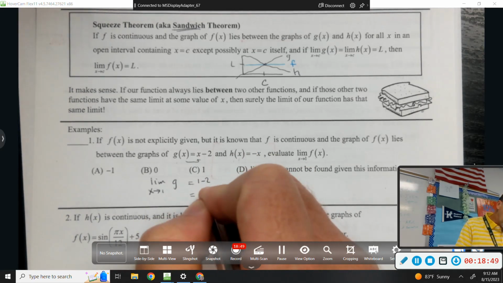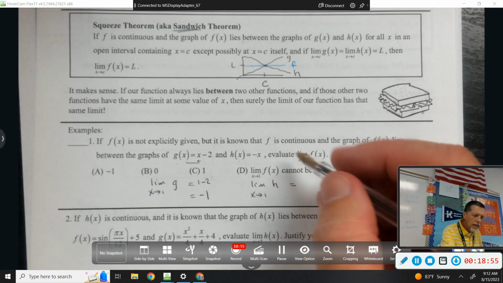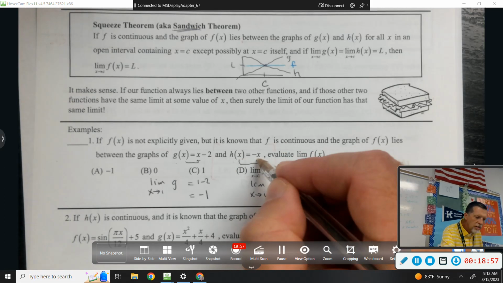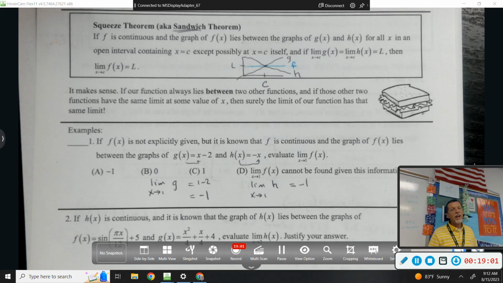So 1 minus 2 is -1. So g is going to -1. H, I plug in 1, I get -1. H is going to -1. So I've got g going to -1, I've got h going to -1, and f is sandwiched between there. What is f going to? -1.